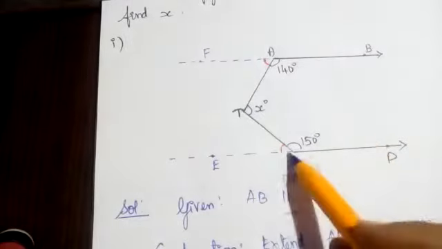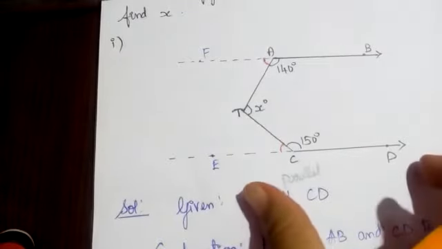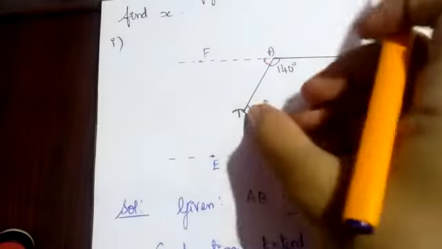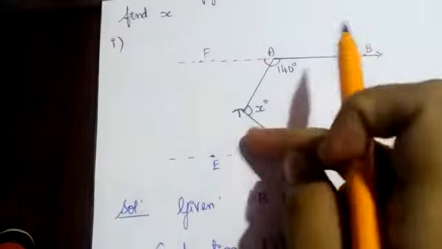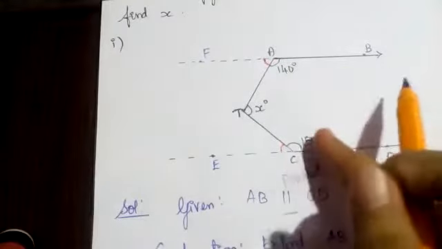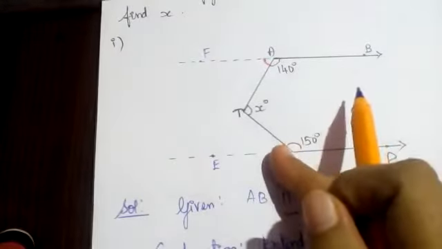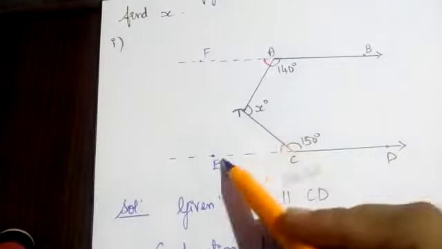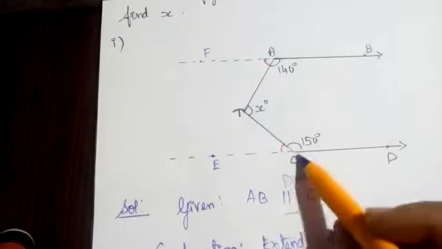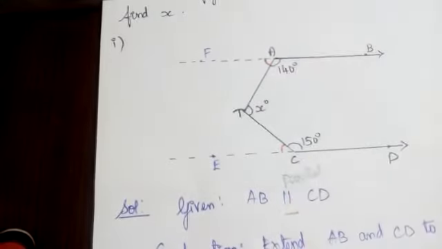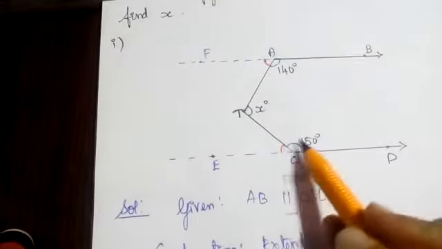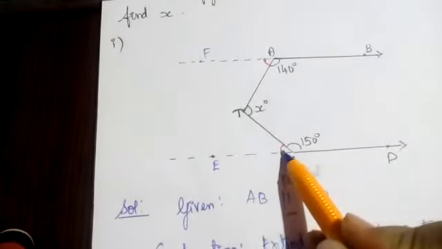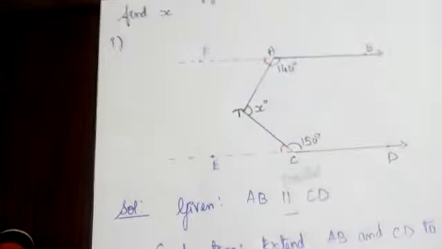ECT and DCT. ED is a straight line and on it a ray CT is standing. The sum of the two adjacent angles so formed is equal to 180 degree. So angle ECT plus angle DCT is equal to 180 degree. Correct? And those two adjacent angles are called linear pair of angles.